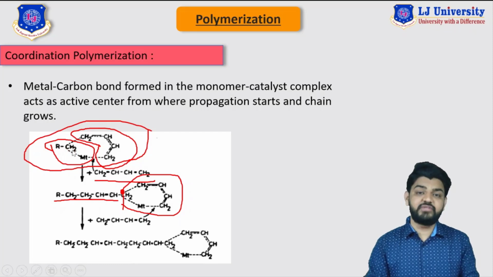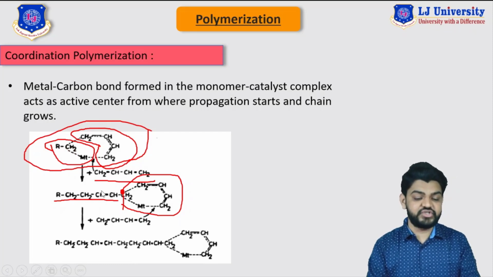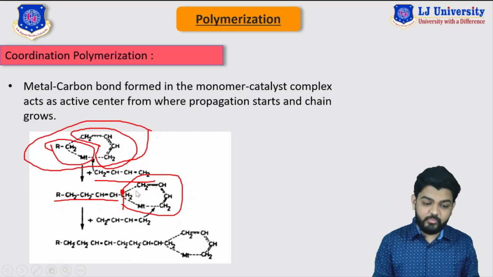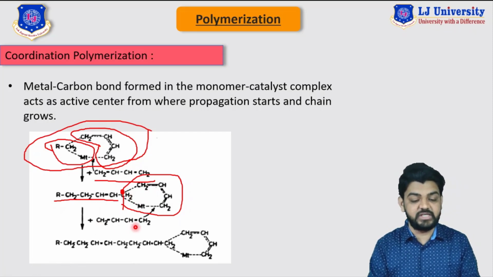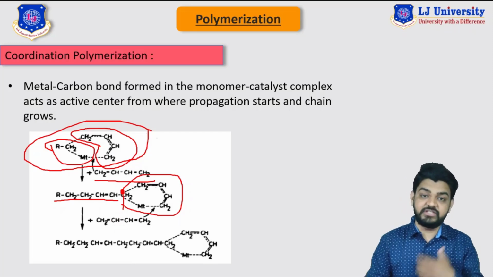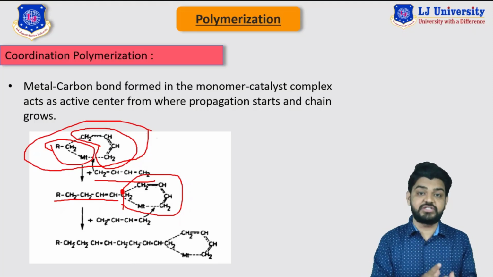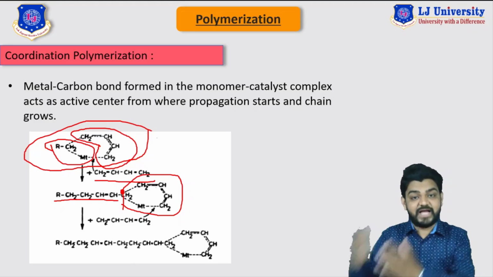But now because of the propagation step, this ring structure is shifted from here to the last carbon atom, to here. So if further addition of new monomer takes place, this new monomer attacks this ring structure. It will add together, and again this ring structure will shift to the last carbon.